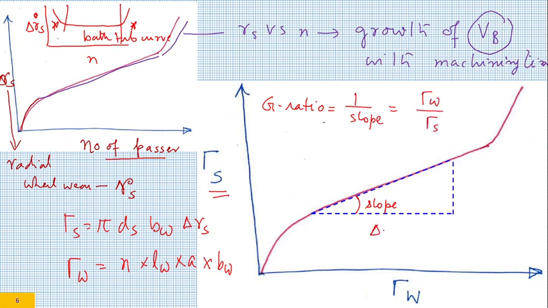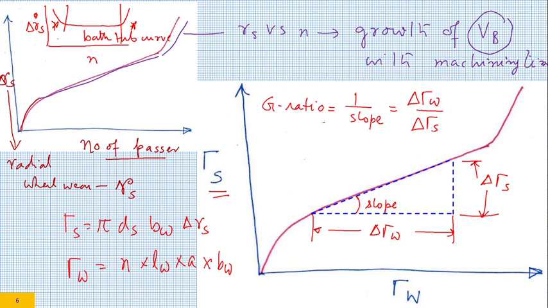So instead of this, what I will write is this. So this is from this point to this point, and so this becomes your grinding ratio.